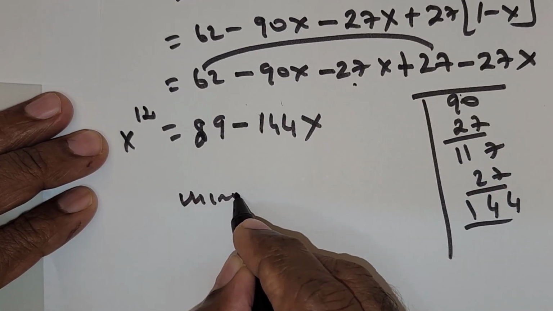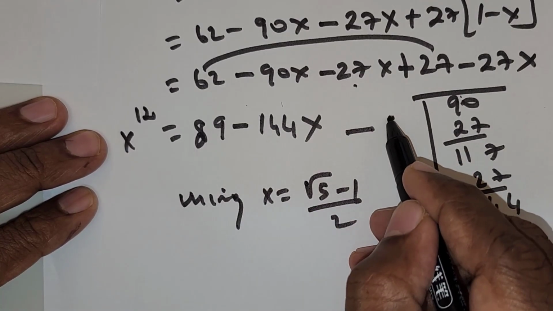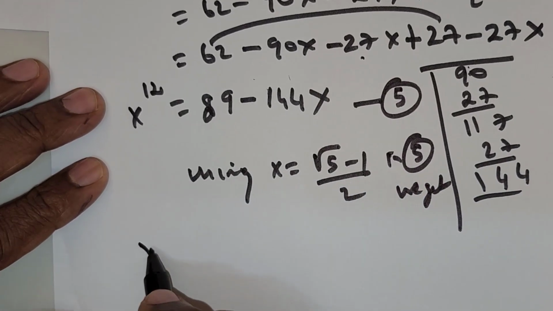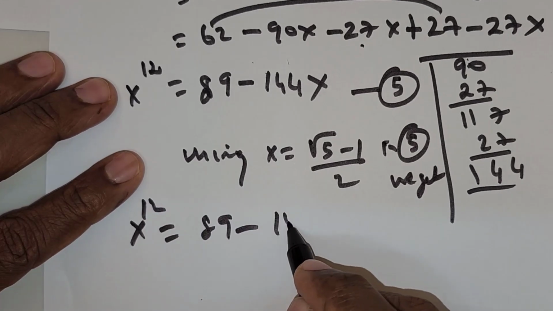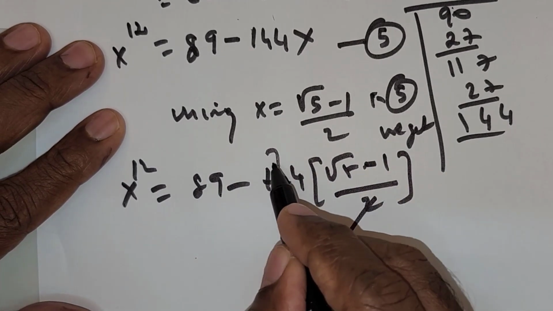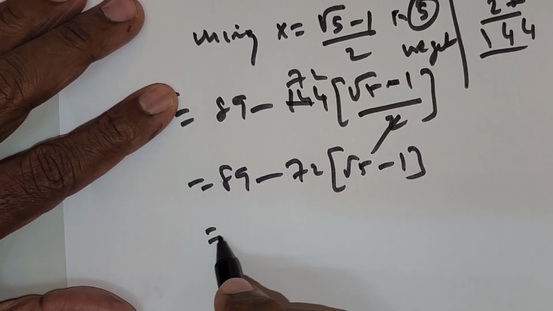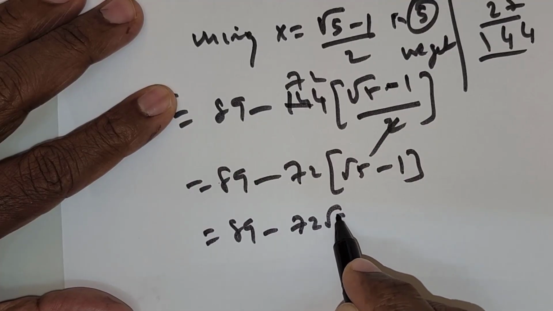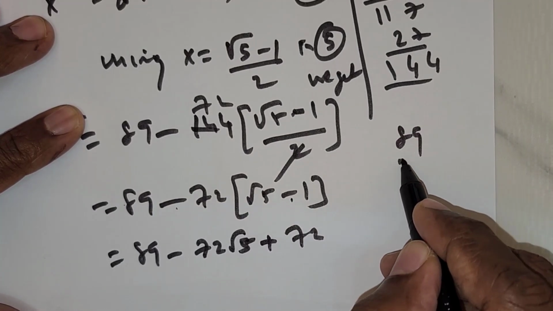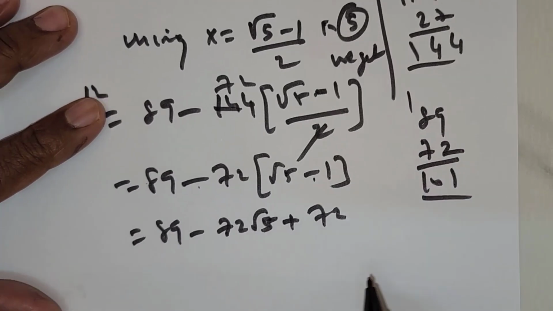So using x as root 5 minus 1 divided by 2, x to the power of 12 is equal to 89 minus 144 times (root 5 minus 1) divided by 2. 2 divides into 144 giving 72. So 89 minus 72 times (root 5 minus 1), which is 89 minus 72 times root 5 plus 72. 89 added with 72 is 161.